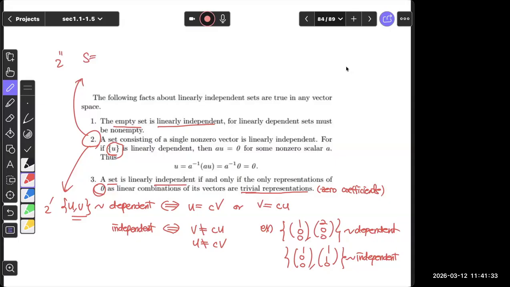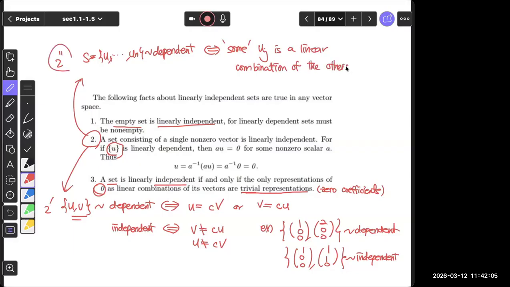And this is an extension of the second property: a set S of several vectors u1 up to un is dependent if and only if some uj is a linear combination of the others.